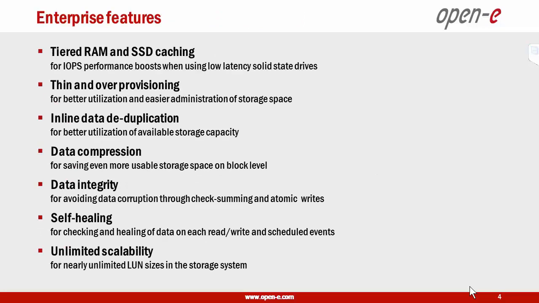Okay, so we have all these nice enterprise features like tiered RAM and SSD caching, thin and over provisioning, inline data deduplication, inline, of course online, data compression, which is even switched on by default, very high data integrity features with self-healing, and extremely good scalability to a few petabytes in one node.